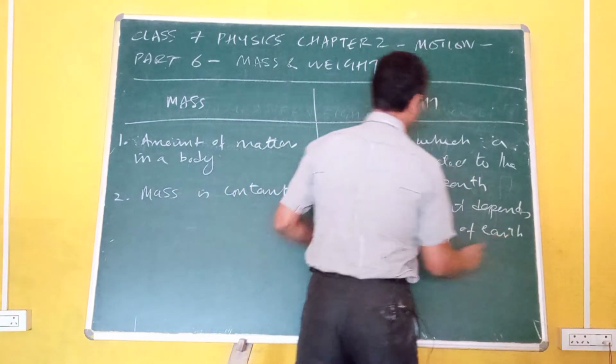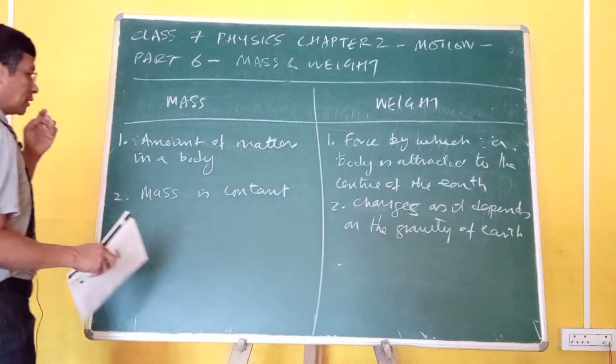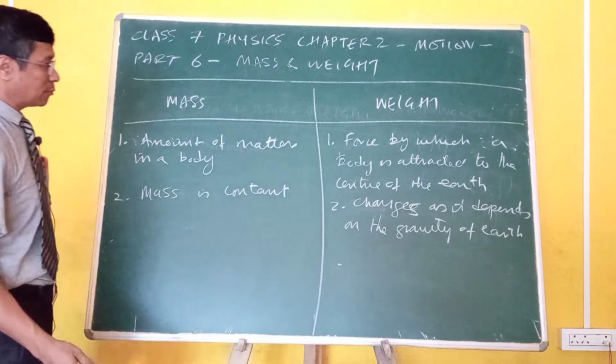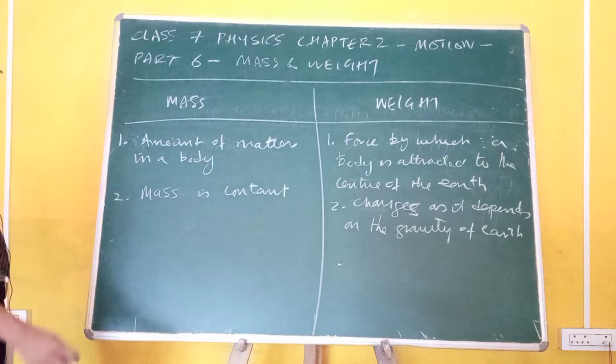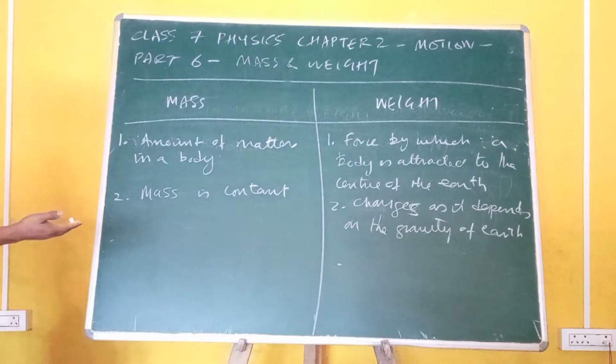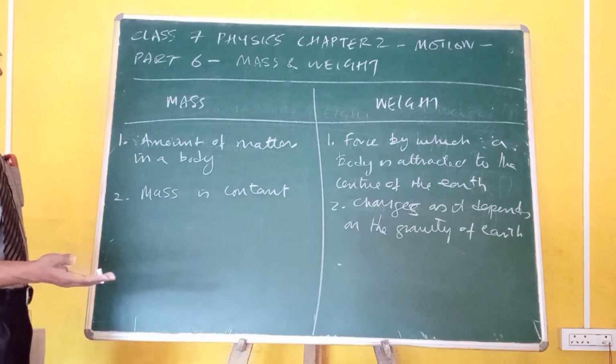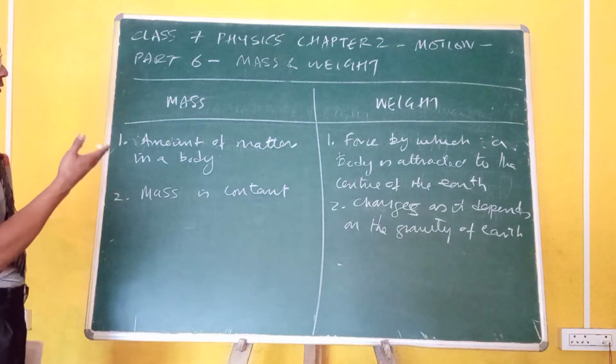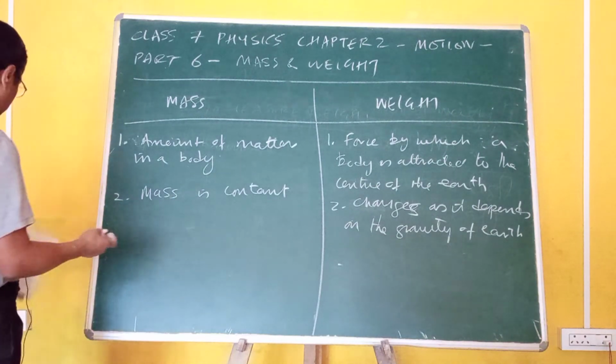That means a body which is on the surface of the earth has a certain weight. Now if the body goes higher and higher into the sky, the gravitational force becomes less and less, the weight of the body becomes less and less, and as you enter space where there is no gravity, the body becomes weightless.